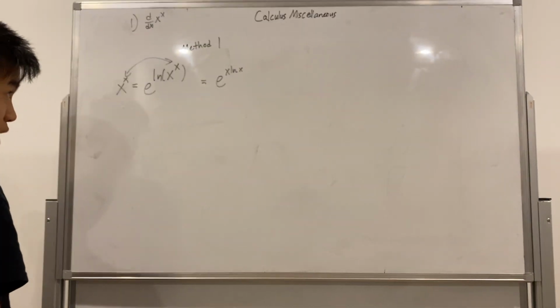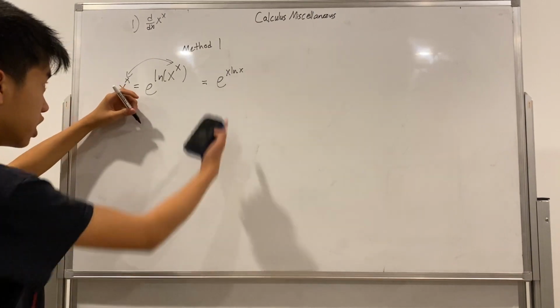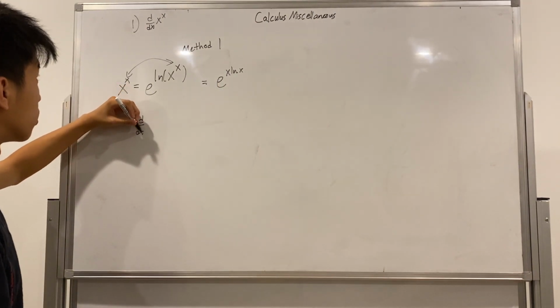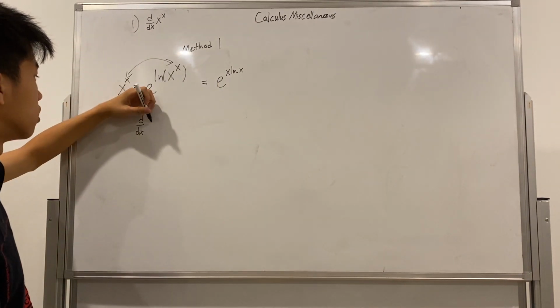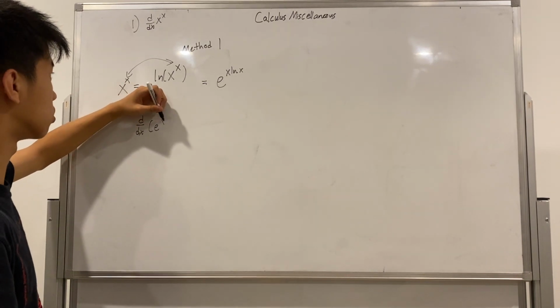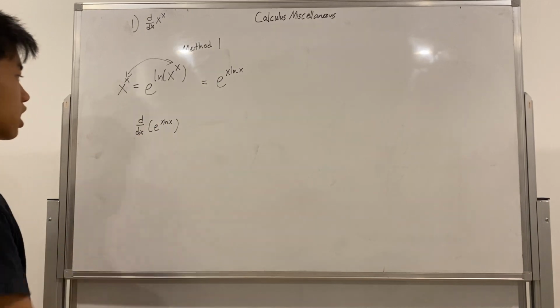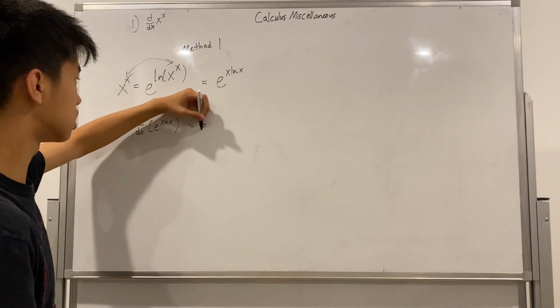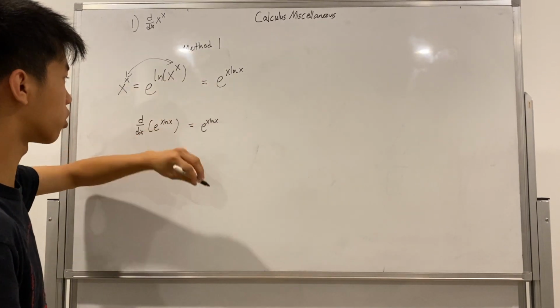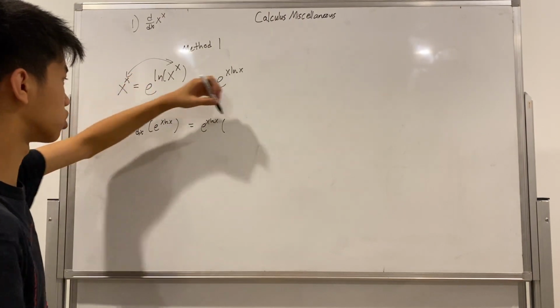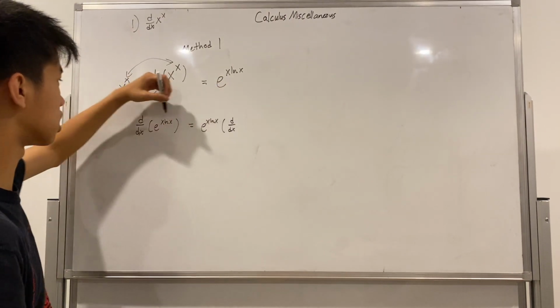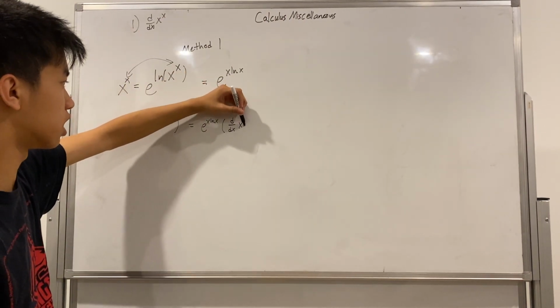So now we got that out of the way, we can differentiate this expression because remember, we're trying to find the derivative. We haven't quite done that yet. So we have the derivative of e to the x ln x power, and this is equal to e to the x ln x power. But then we have to chain rule, so we have to take the derivative of what's in the power, which is x ln x.